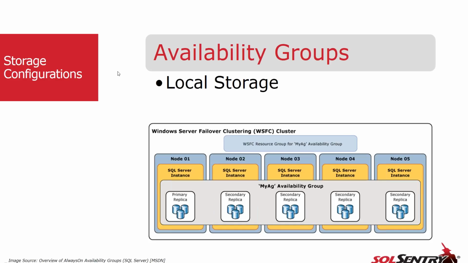Whereas if we look at availability groups, we talked about local storage earlier. We've got here 5 nodes and 5 SQL Server instances, with the availability group spanning those 5 instances, and individual replicas of the database. Node 1 could be synchronizing synchronously to node 2, while nodes 3, 4 and 5 could all be asynchronous copies, on the same site or other sites. So it's more of a logical entity here.